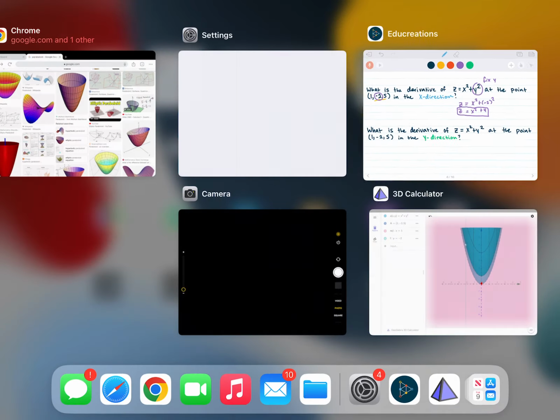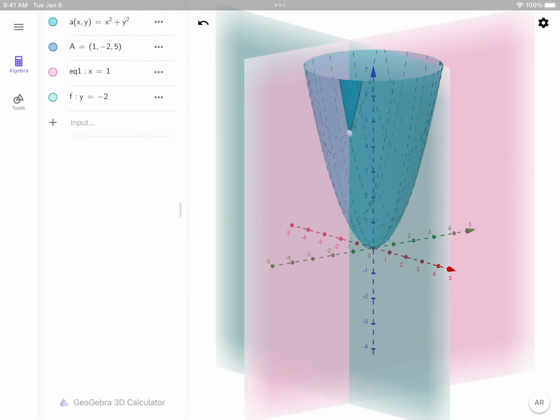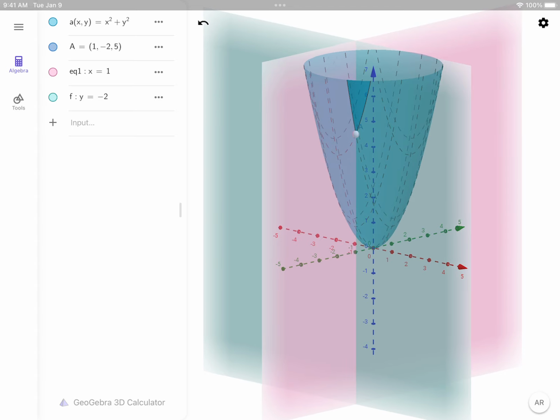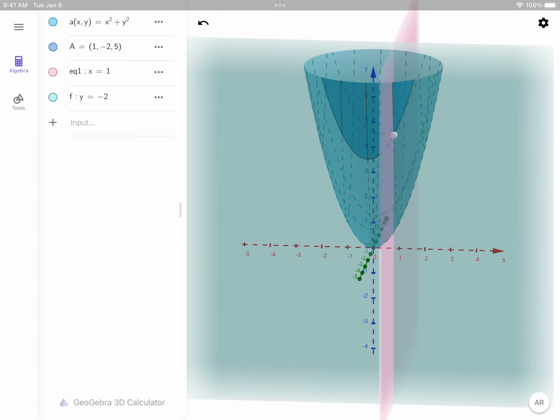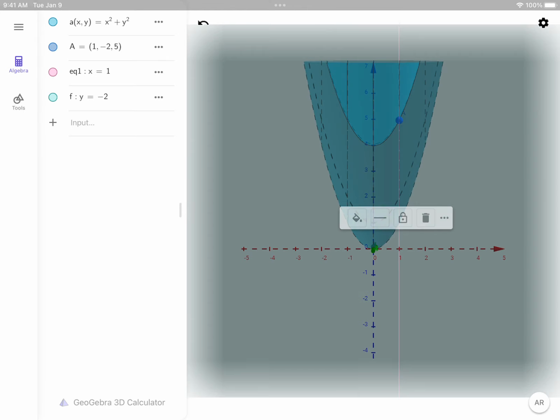Let's take a look at it again with the graph because I want you guys to really understand this concept. When I'm fixing y equals -2, I get this parabola. You can see where the point is on that parabola, and that parabola has the equation x squared plus 4, right?